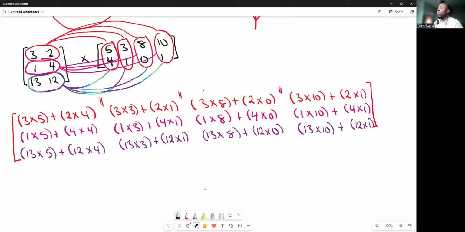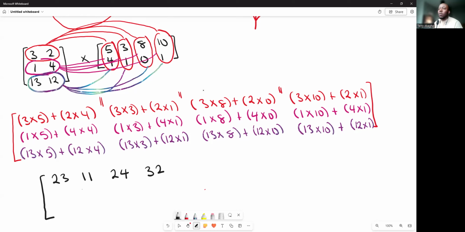So let's go. When you press the first one, it's going to give you 23. The second one is going to be 9 plus 2, which will give you 11. The next one, 24 plus 2 will give you 24. The next one, 30 plus 2 will give you 32.